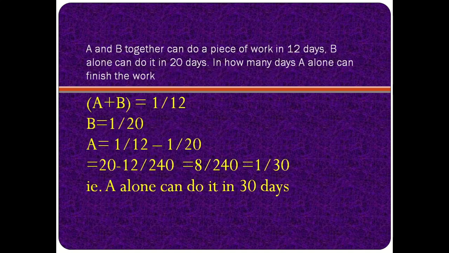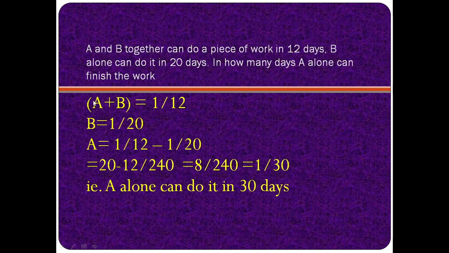Another descriptive question. The question is, A and B together can do a piece of work in 12 days. B alone can do it in 20 days. In how many days can A alone finish the work? So let us describe the same with the help of an equation.